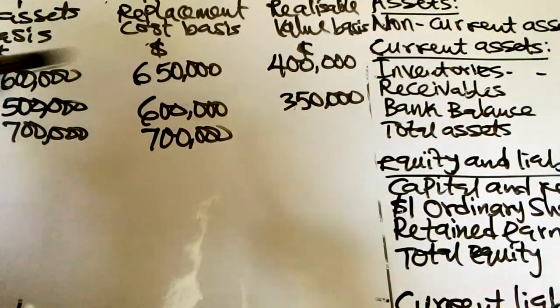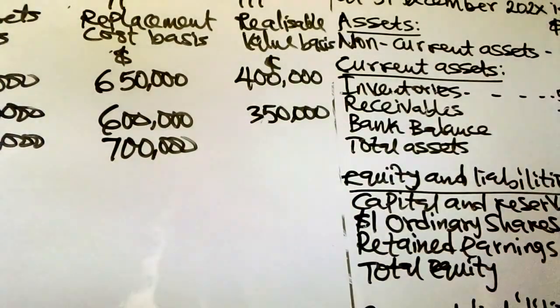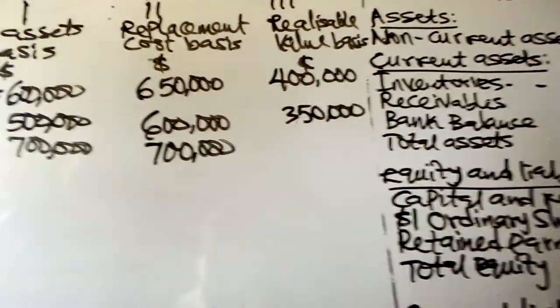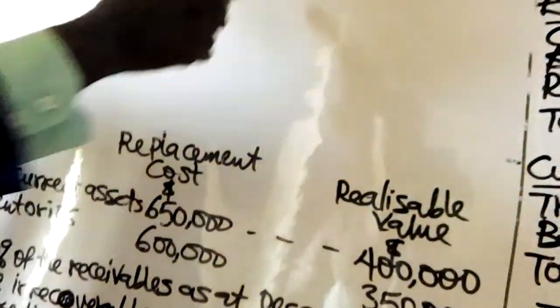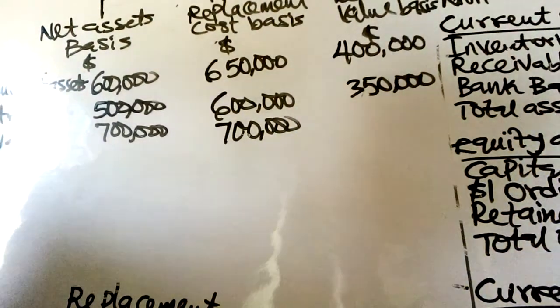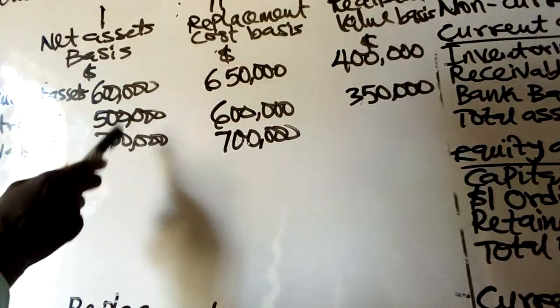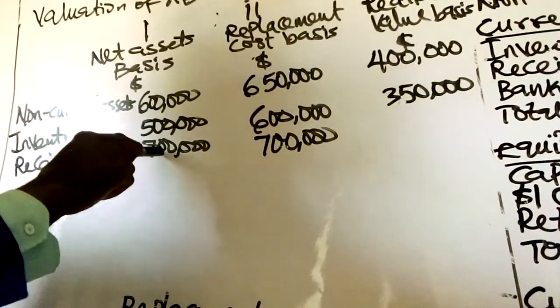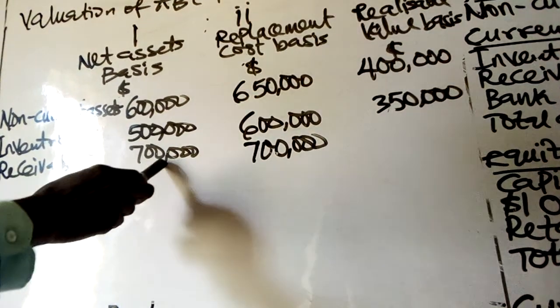But for the realizable value, you were told that 10% of the receivables are irrecoverable. 10% of 700,000, which is the book value, will be 70,000. That 70,000 represents the irrecoverable debt, that is the bad debt.